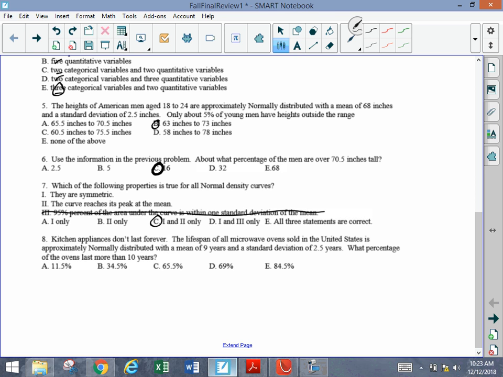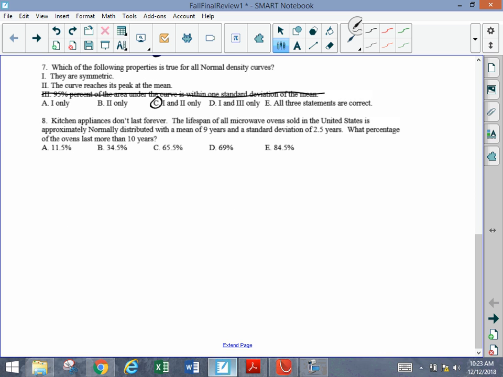Kitchen appliances don't last forever. I was just talking to Mr. Fresco about that earlier. They're pretty much built so they don't last forever. Oh, weird.